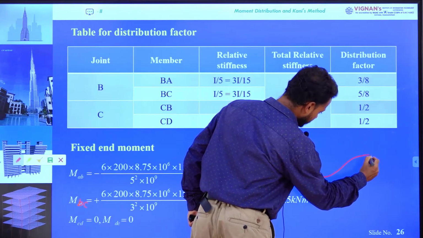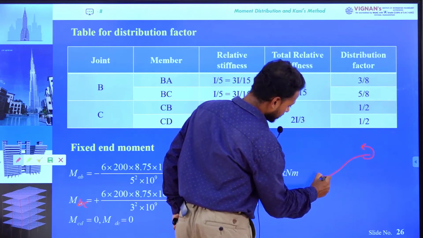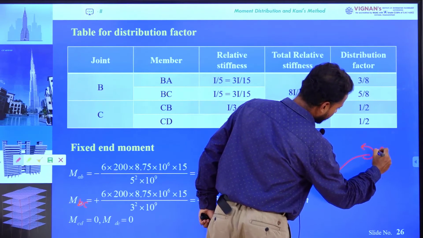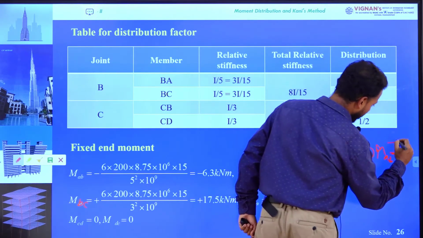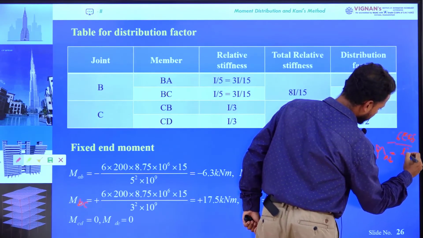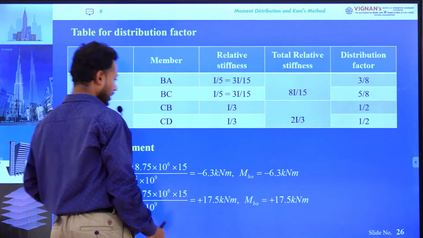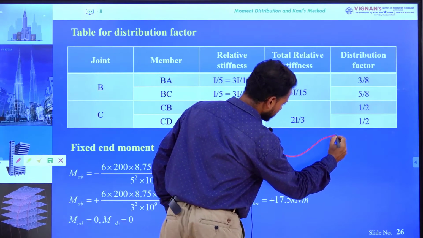It is like this, and the bending moment is anti-clockwise. So MAB will be minus 6EI delta by L square. In the first case, it is like this.